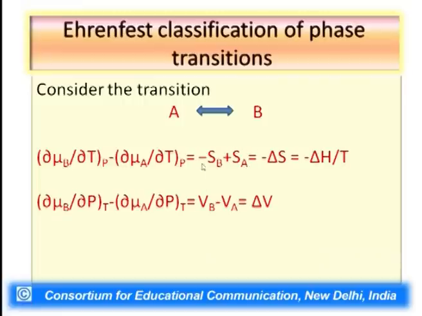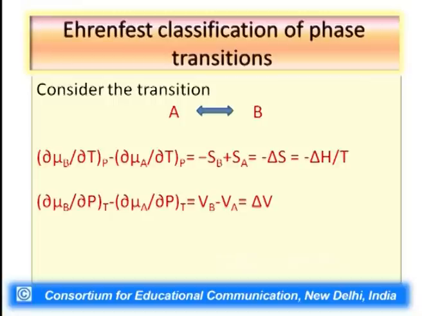Whenever a substance undergoes transition from phase A to B, if the entropy of the substance in the two phases had the same value, then the net result should be 0. But the fact of matter is that we all know, from our chapter on chemical thermodynamics, that whenever a liquid phase transforms to gas phase or a solid phase transforms to liquid phase, the entropy change is a positive value, that is, the entropy of a substance increases.